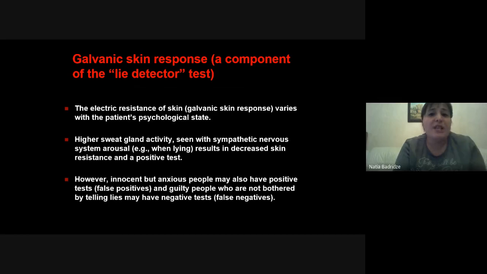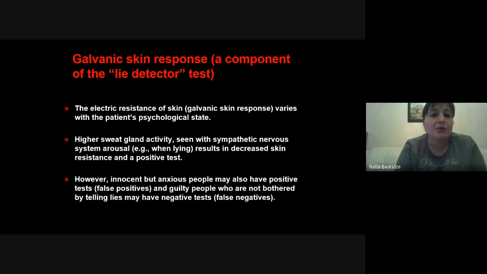Galvanic skin response is part of the lie detector test. As you know, the lie detector test was widely used, but nowadays it is not used as frequently as it was before, because there are some limitations of this test. What is the nature of this galvanic skin response?